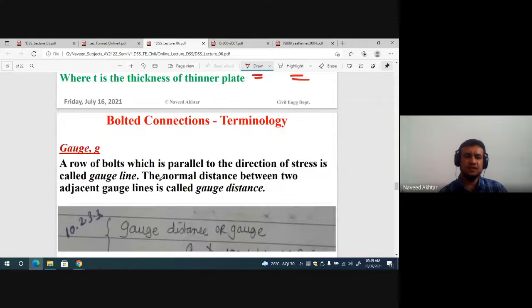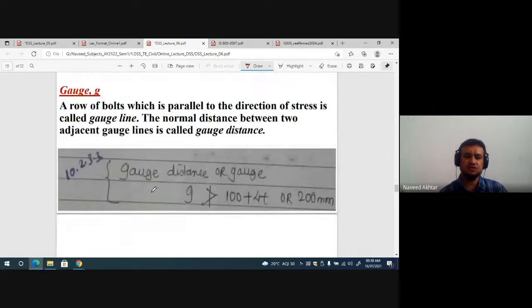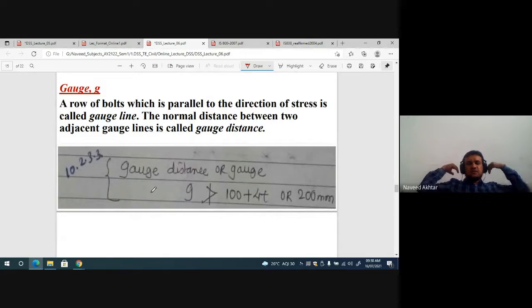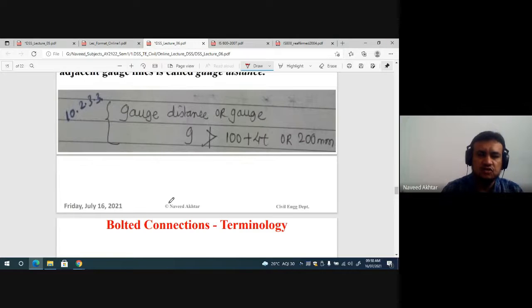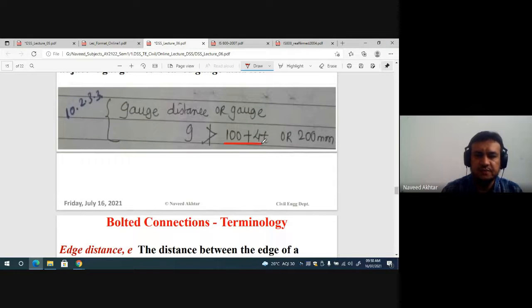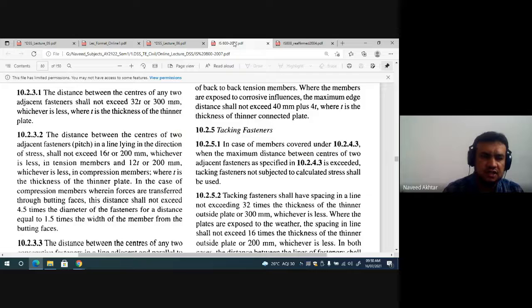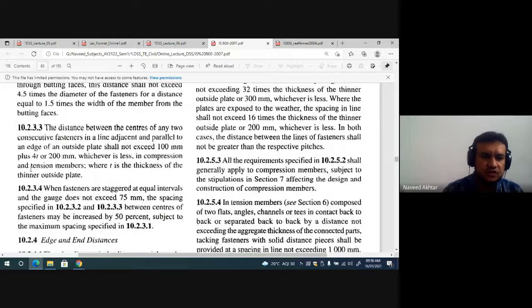So what is the gauge distance? It is the distance between two consecutive bolt holes perpendicular to the direction of stress. The normal distance between two adjacent bolt lines is called gauge distance, and it should not be greater than 100 plus 4t or 200 mm, which is given in your IS code.